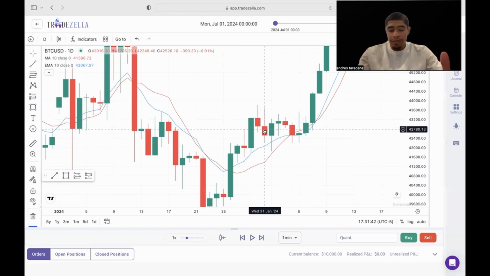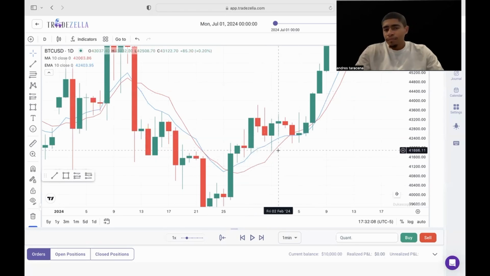If you're implementing either the simple moving average or the EMA, they both work the same. You would look and see whether price is above or below the simple moving average or EMA. If you're looking to take a short, you would want the simple moving average or the EMA to be above, so otherwise you wouldn't take that trade.